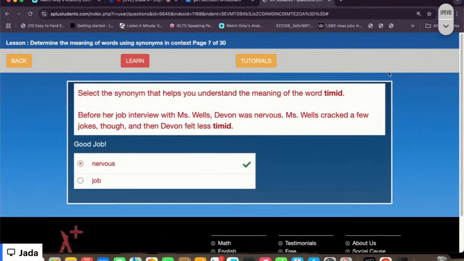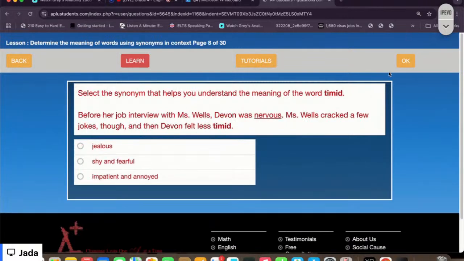Nervous. Okay. But timid could also mean what? Shy and fearful, jealous, or impatient and annoyed. Which one?